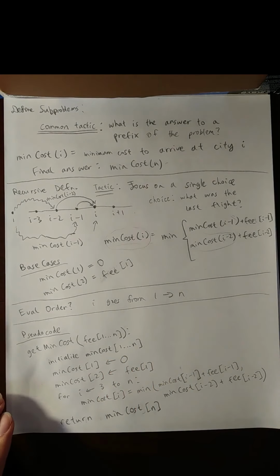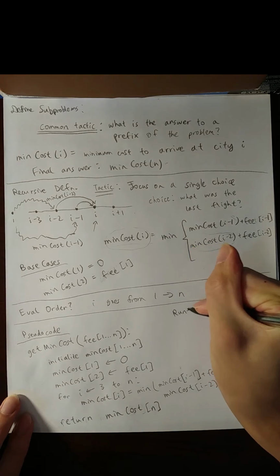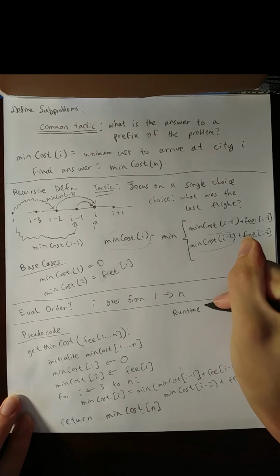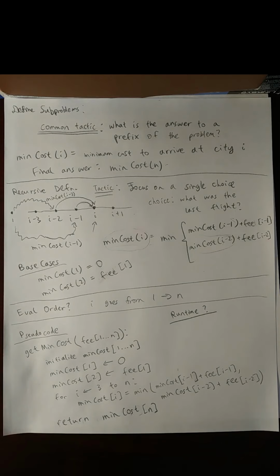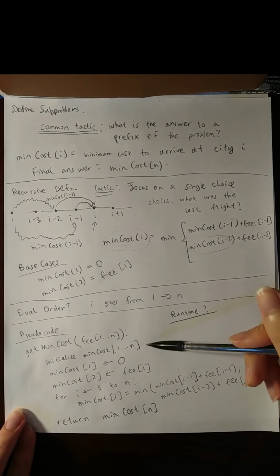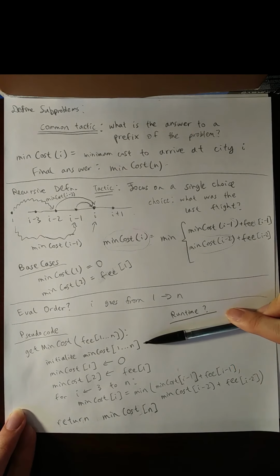Remember now, the final step in the dynamic programming problem is to analyze the runtime of the algorithm. So what is the runtime of our algorithm? Well, first initialize an array with n elements, this step takes O of n.